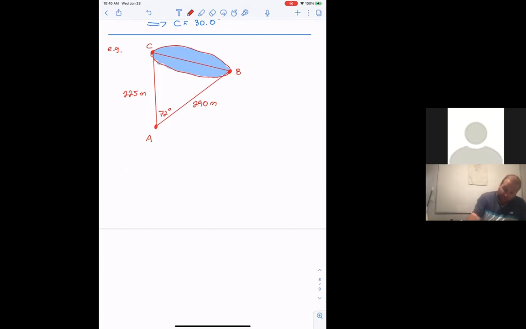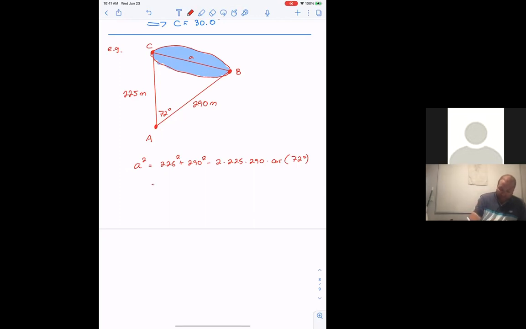So we'll call this side here lowercase a because it's opposite angle A. And I'm going to use a squared equals b squared plus c squared minus 2 times b times c times cosine of angle A. This is even easier than the last one because we have everything on the right. Just 225 squared plus 290 squared minus 2 times 225 times 290 times cosine 72.